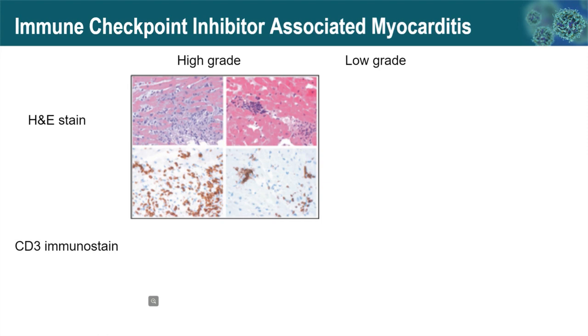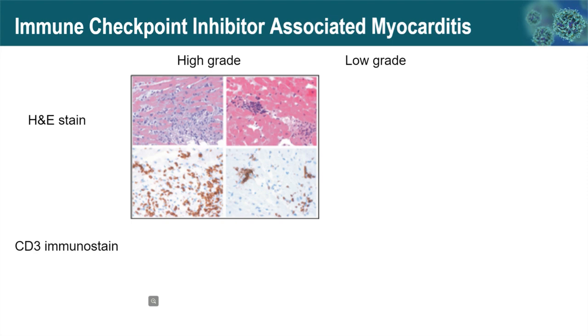So here is the pattern of injury for a high-grade immune checkpoint associated myocarditis and a low-grade immune checkpoint associated myocarditis. In the high-grade pattern of injury, what we can see in the left panel is increased number of CD3 positive lymphocytes infiltrating the myocardium and associated myocardial necrosis.